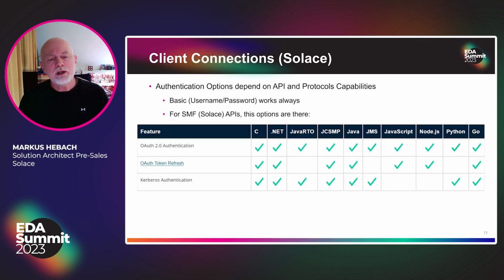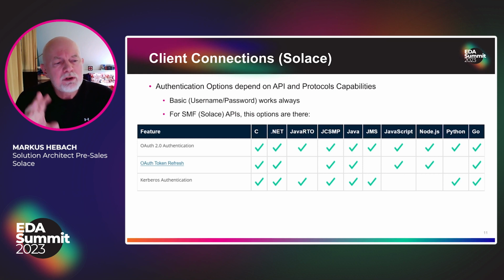So for the client connections, if we look at it, you always have certain capabilities which make sense in the context of this specific programming language. From a Solace perspective, on the Solace API, just that basic username password is always working.